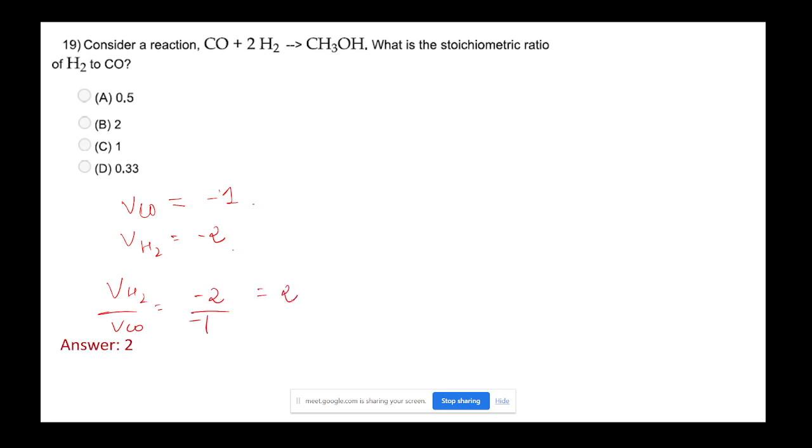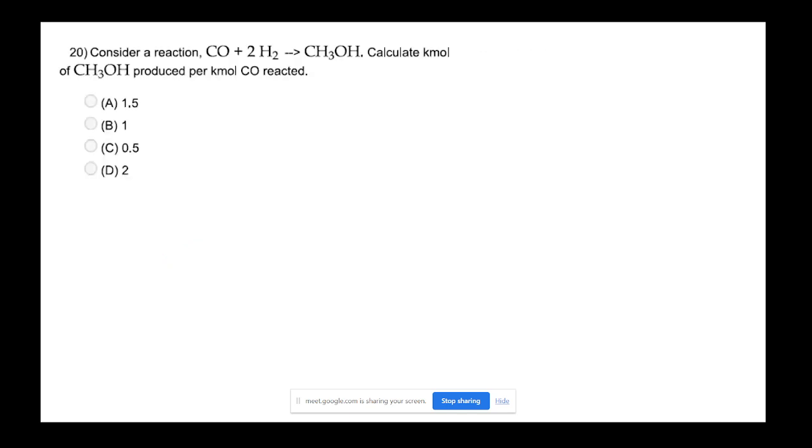Answer here is 2. Coming to the next question, consider a reaction CO plus 2H2 gives CH3OH. Calculate the kilomoles of CH3OH produced per kilomole of CO reacted.